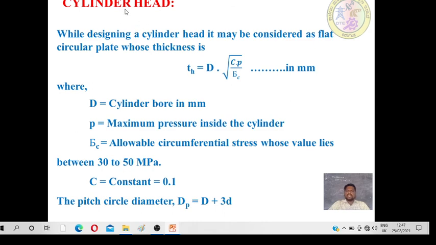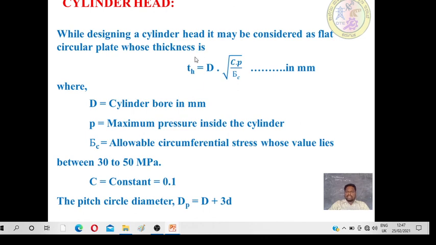Now let us see about the cylinder head. While designing a cylinder head, it may be considered as a flat circular plate. The cross section or the shape of the cylinder head is not a particular geometrical figure. Therefore, we are just considering it as a flat circular plate.